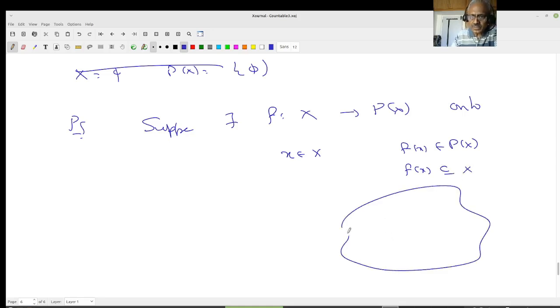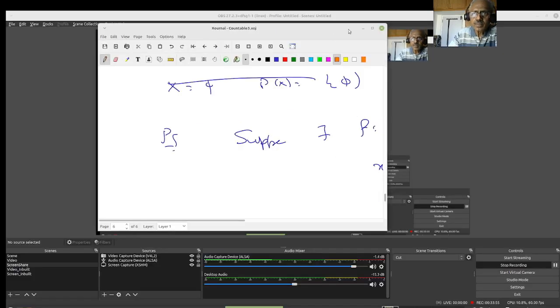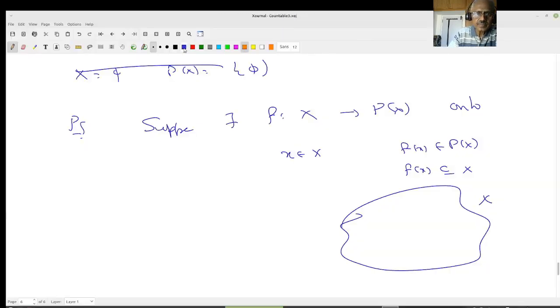Now think of a set X and think of a subset S. You give me some element x in X. I have an element x in X, I do not know where it is, and you have given me a subset S. What is the next natural question you will ask?